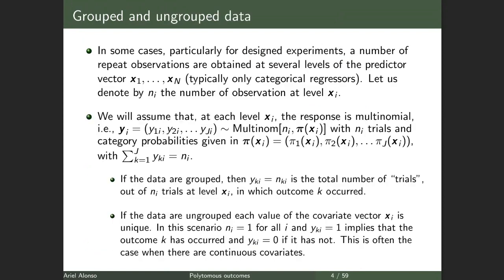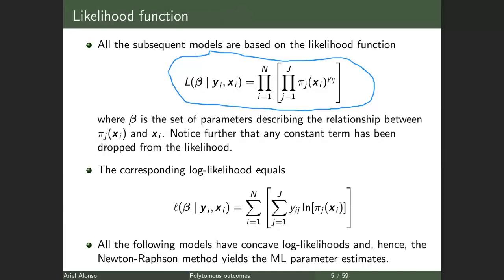Here we have the multinomial distribution: for every response y, we assume it follows a multinomial distribution with ni trials and probabilities that depend on pi. Once you have that, you can write down the likelihood. And what is this beta here? We have still not introduced the beta explicitly. Well, beta is a set of parameters describing the relationship between these probabilities and xi.